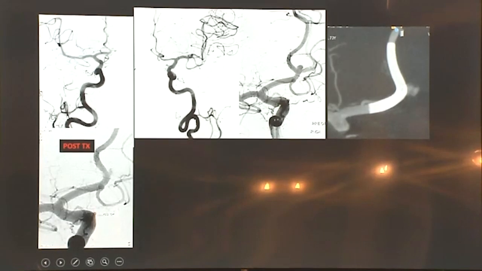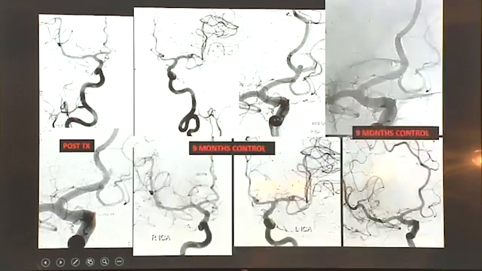This lady has other aneurysms that we treated before, but we didn't treat this one at that time because, although it's a little bit irregular, we thought it may wait because of the anatomy. And with the Vista Baby, we felt more comfortable. And this is the 9-month control on that patient.